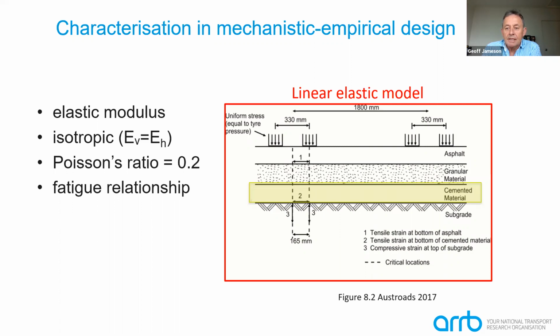In this case, we assume that it is an isotropic material, unlike what we were talking about last week, granular materials, which are cross-anisotropic. For cemented materials, we assume they are isotropic. We routinely use a Poisson's ratio of 0.2, and we utilise a fatigue relationship to estimate the allowable loading of the pavement from the calculated strain that we have in the mechanistic model.